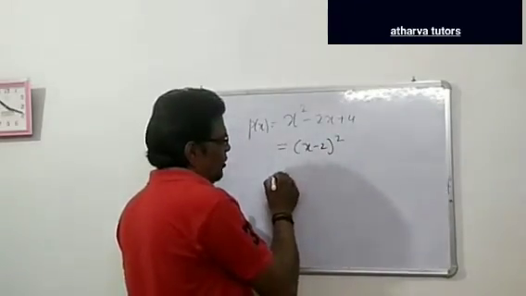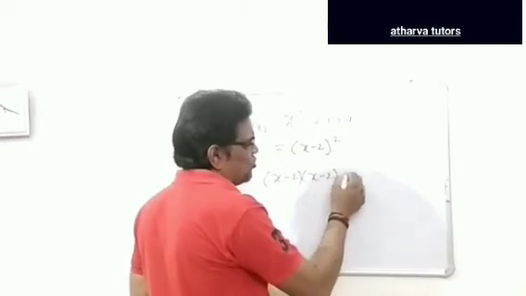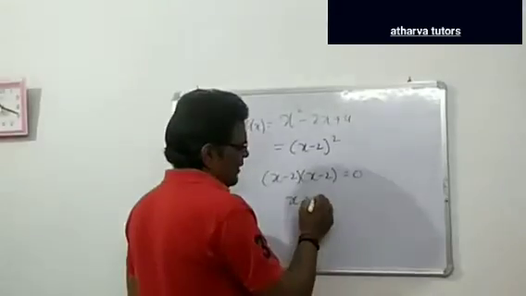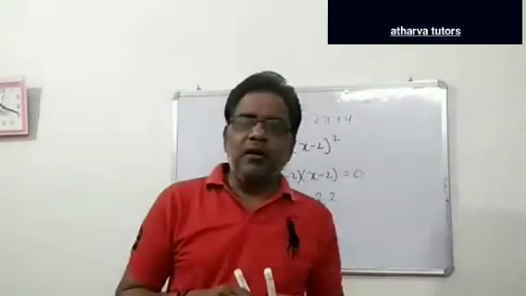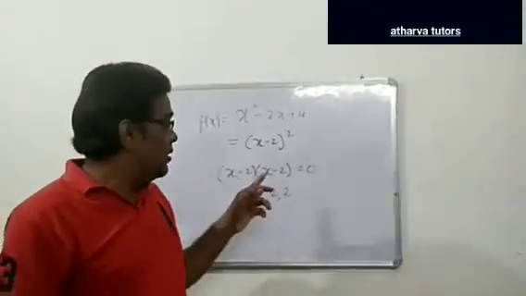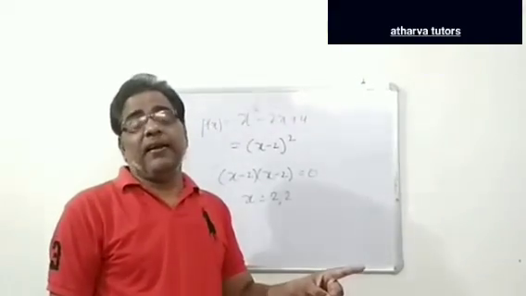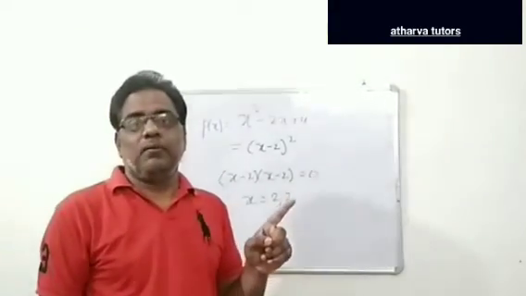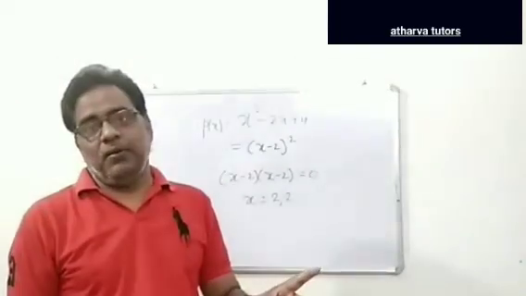So x minus 2 whole square means x minus 2 equals 0, that means x equals 2. That means the curve will cut the x-axis at the identical point twice.